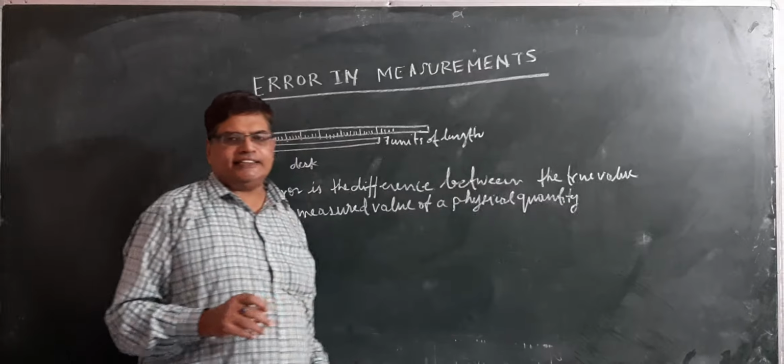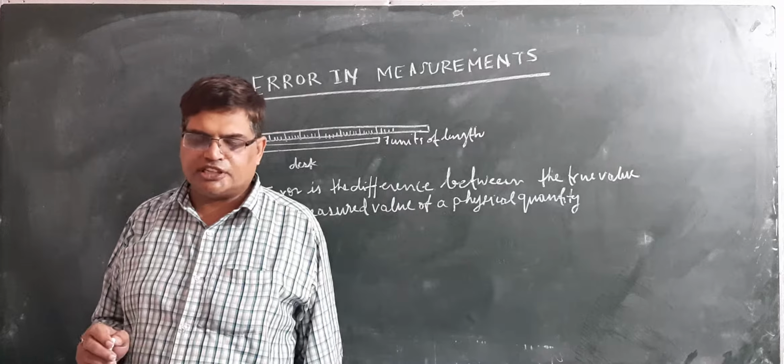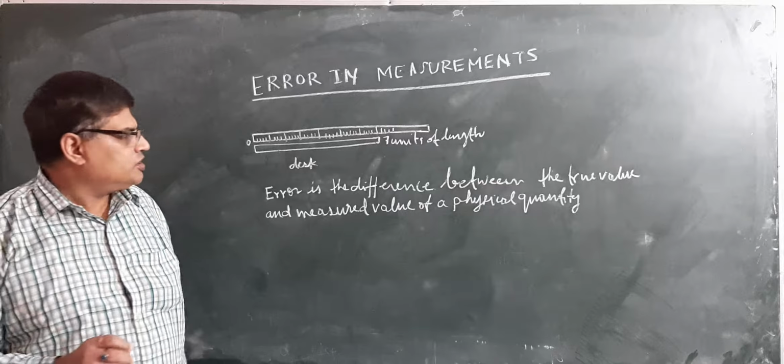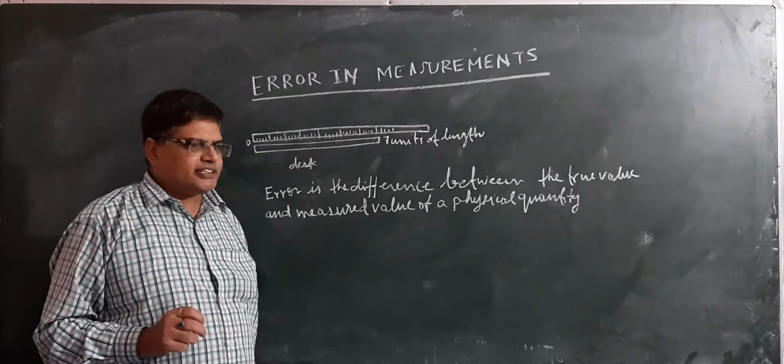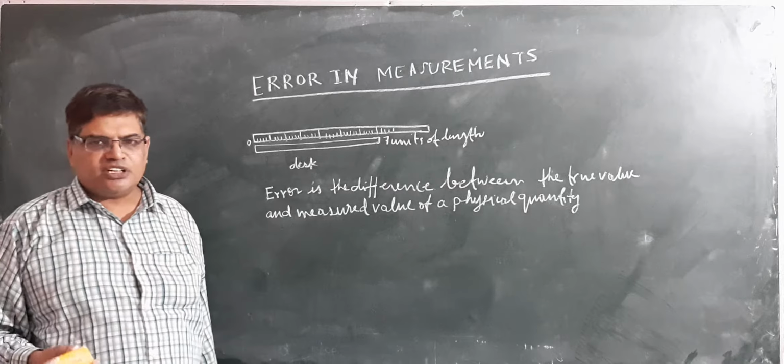So it is basically an uncertainty between the measured value and the true value of the measurement. So we'll come across why this error occurs. We'll see there are several errors, different types of errors.